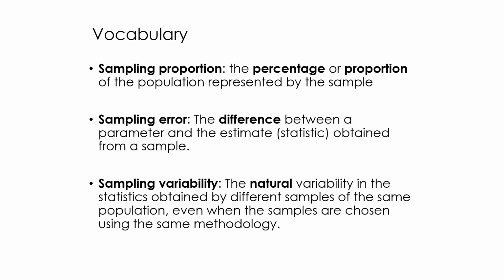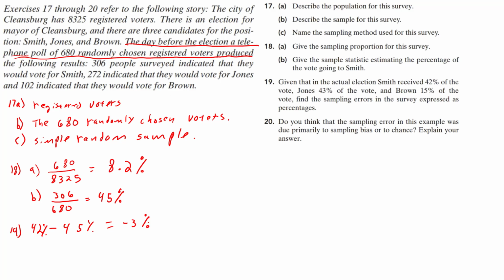Do you think the sampling error in this example was due primarily to sampling bias or chance? Explain your answer.